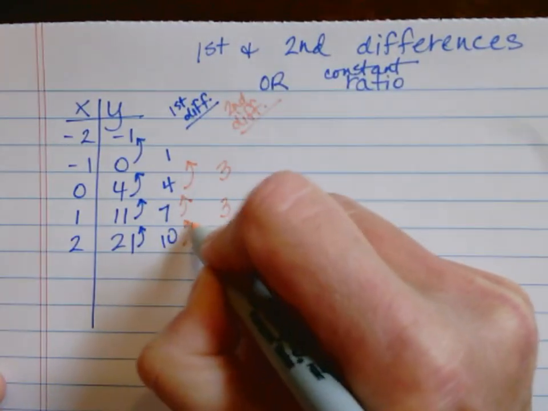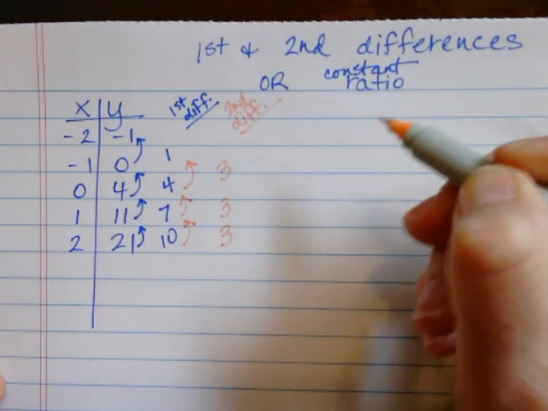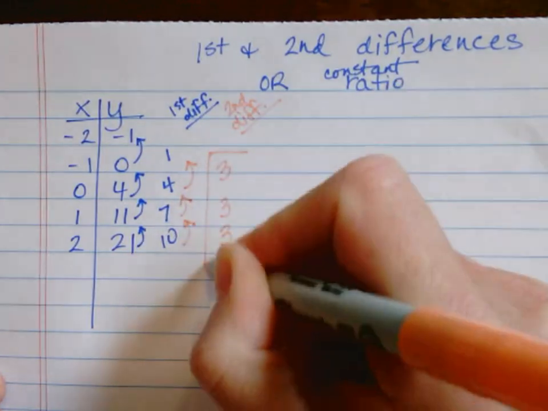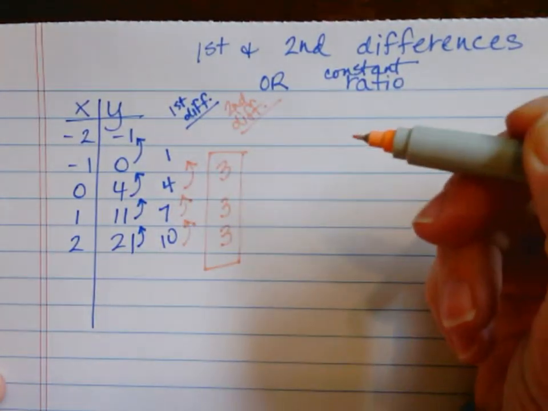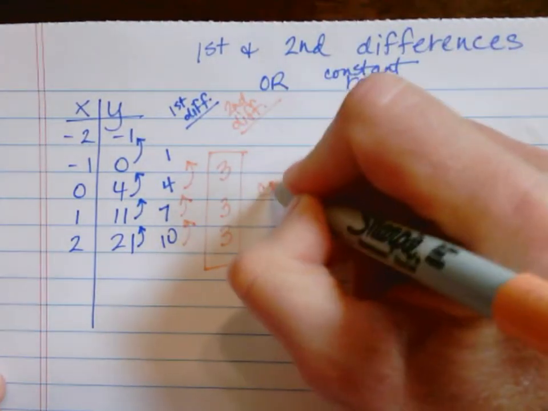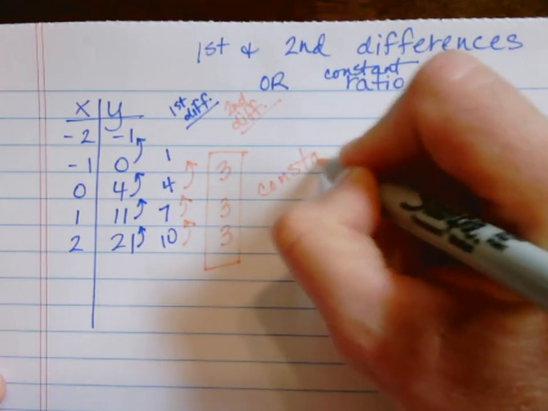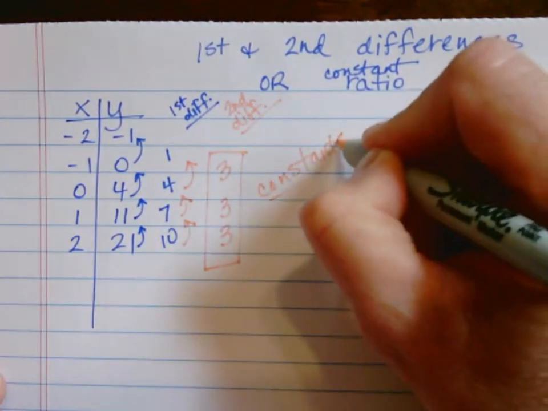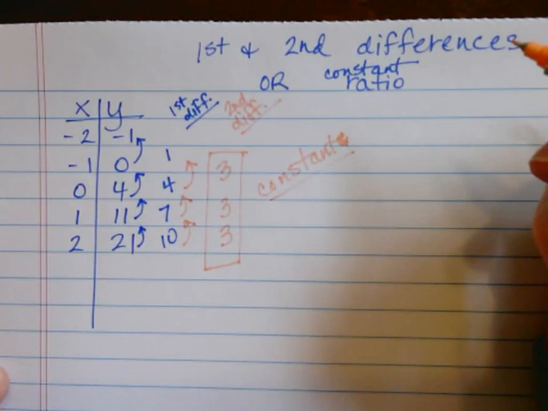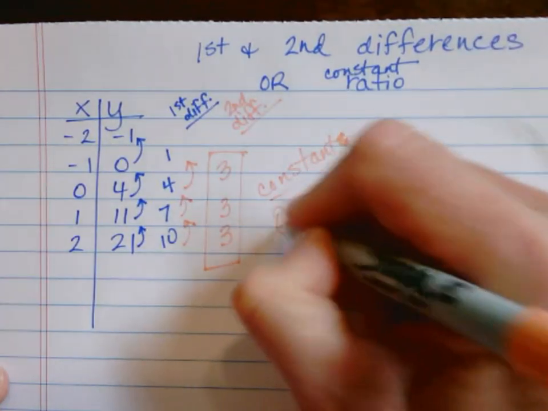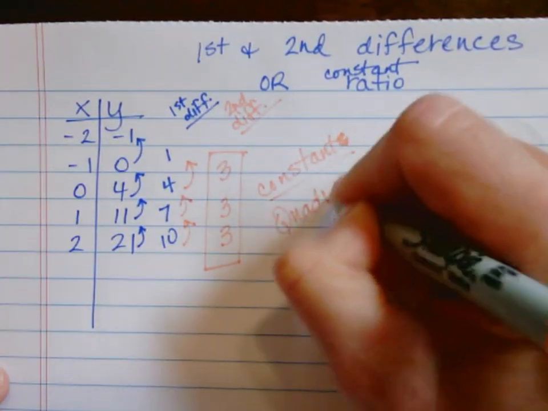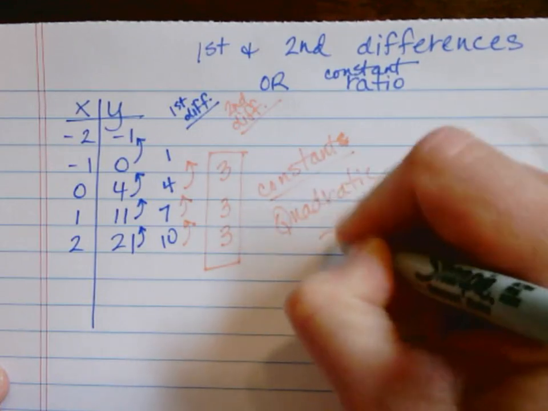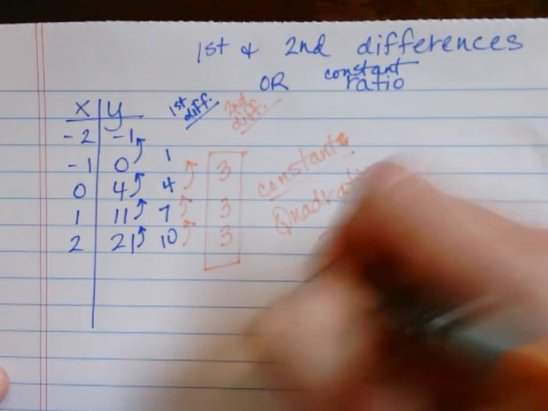What's 10 minus 7? 3. Notice that the second differences are all 3. When the second differences are constant, it is a quadratic model that would best fit.